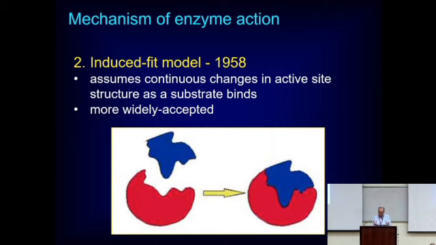It can change its shape and accommodate the substrate so it fits that way. So it's more likely that the binding site has a dynamic characteristic. It can change its conformation to accommodate the substrate.